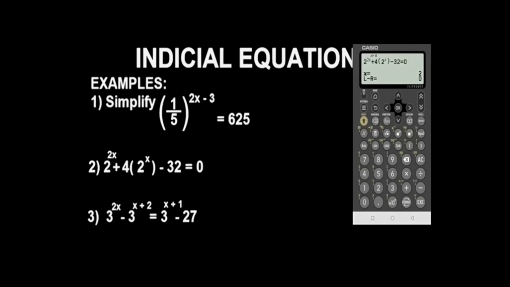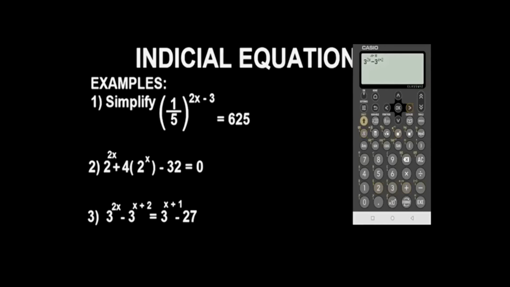Let's remove everything here with the AC button again. So for question 3, we have 3 to the power 2x. You come down, we have minus 3 to the power x plus 2.